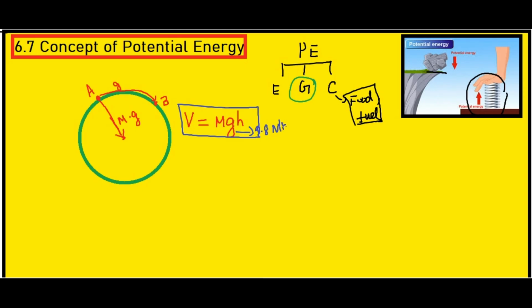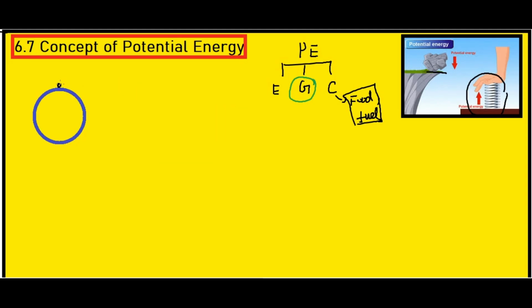Newton per kilogram. It is essential to know that the gravitational potential energy solely depends on the displacement of the object from an initial height to the final height.